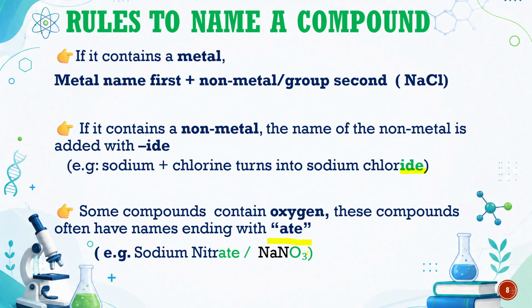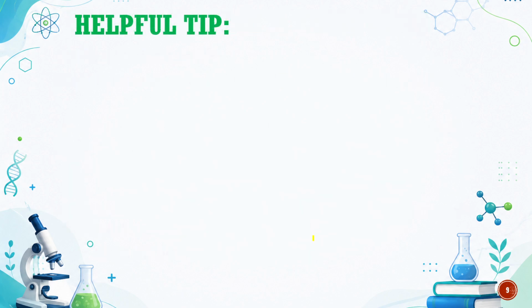This compound has oxygen in it, so we made it sodium nitrate, with NITR for nitrogen, and -ate added at the end, indicating that the compound holds oxygen. All right, so these are the three main rules.